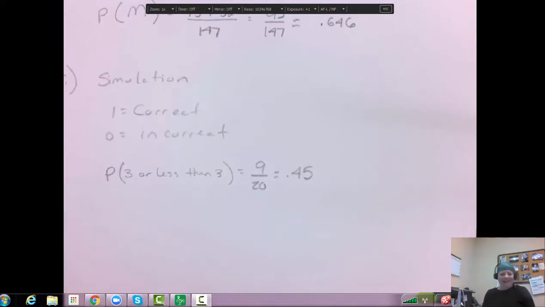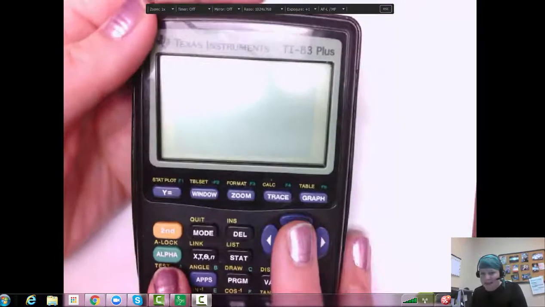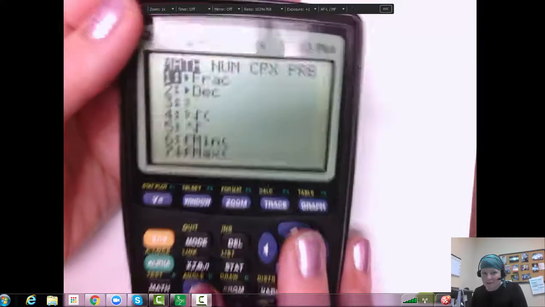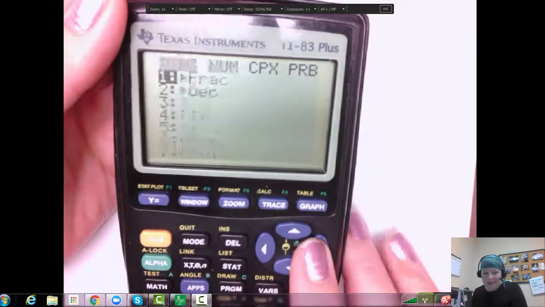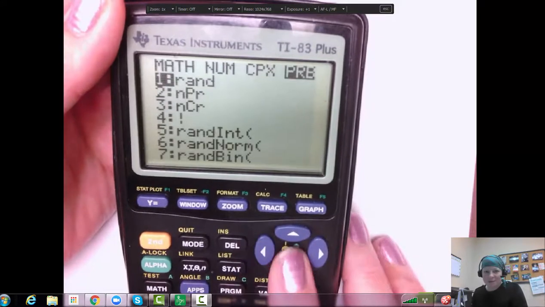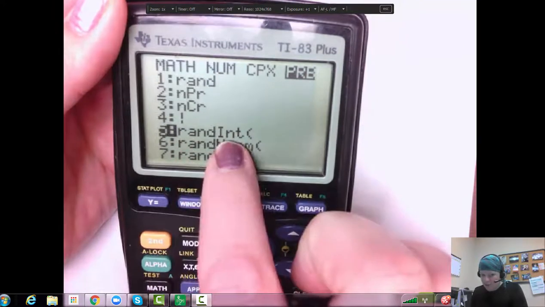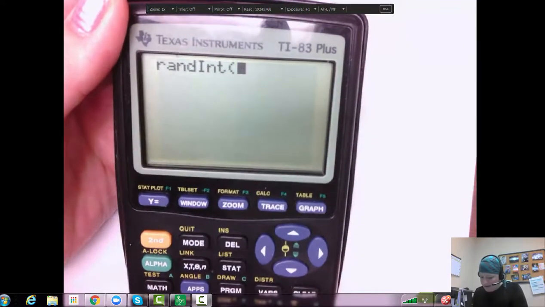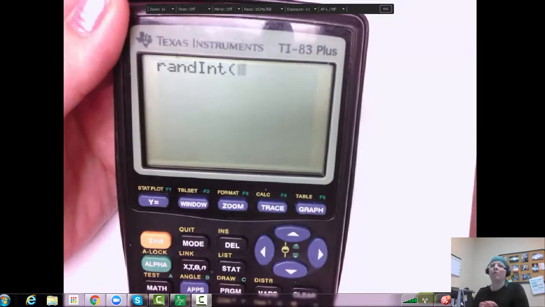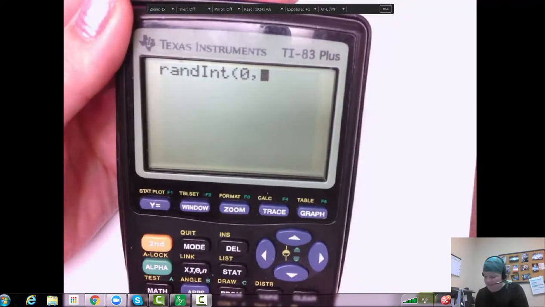Now you can make your calculator give you random numbers to do a simulation. It's in that probability section here under math. So I'm going to click math. Make sure you can see that. There we go. Click math and go over to probability, and oops, I went too far. Probability, and this first one it's random integer, and you'd click that one, and you then have to tell it from where to where. So from 0 comma to 10 maybe.